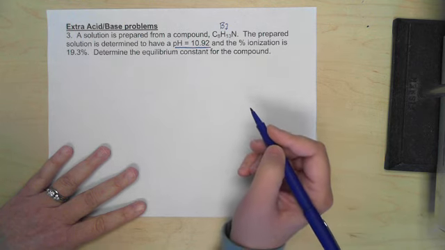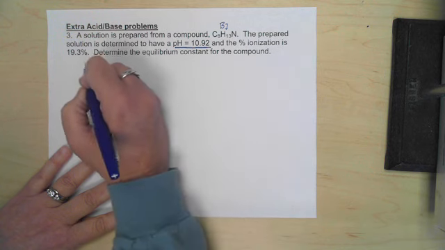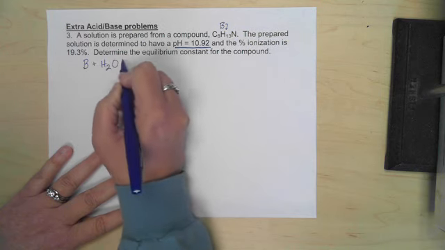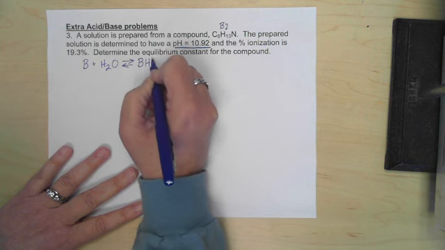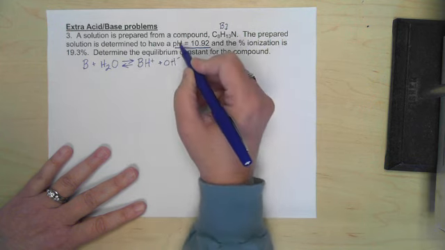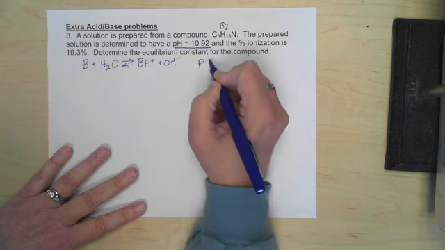except there's an extra step, because this is a base. So remember, bases react with water to produce the conjugate acid plus hydroxide. Now, because this is the pH, I don't want the pH.